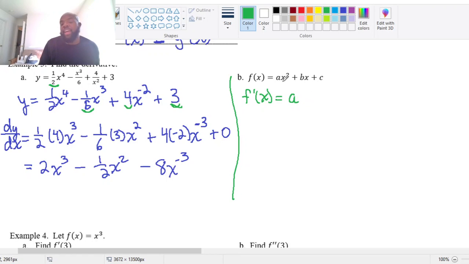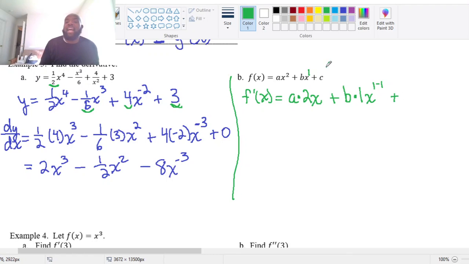Now, the derivative of x squared is, but this is a constant multiple. That's why I wrote that a. It's going to be a times, I bring that 2 out front and reduce the exponent by 1. I'm not going to write the 1 as the exponent there. The derivative of x squared is 2x. I go to my next term. It's multiplied by a function. So I have a constant multiplied by a function. This function is linear. Or if you want to think of this as a power function, that's 1 times x to the 1 minus 1, which is 0.